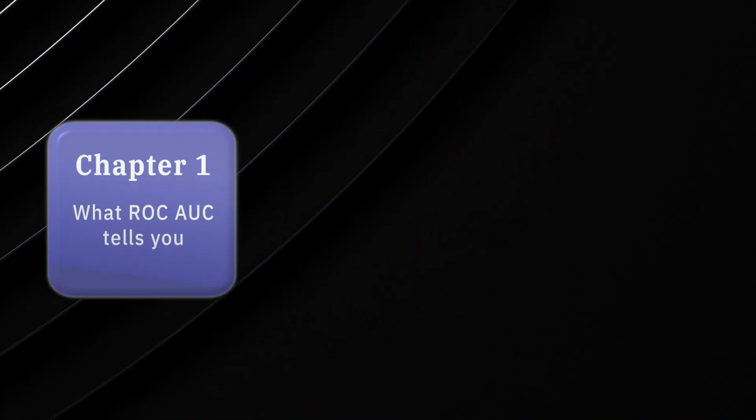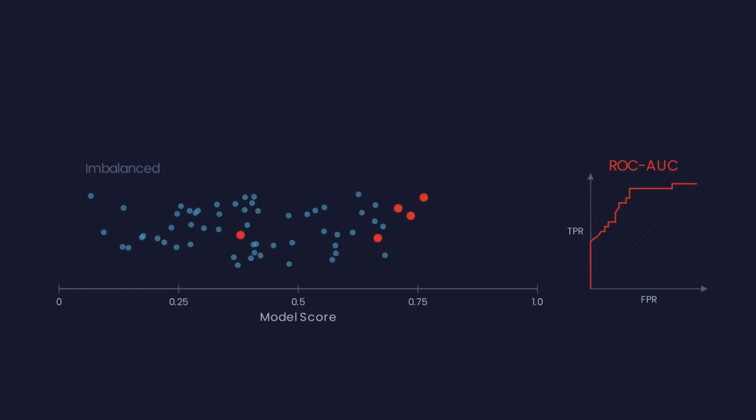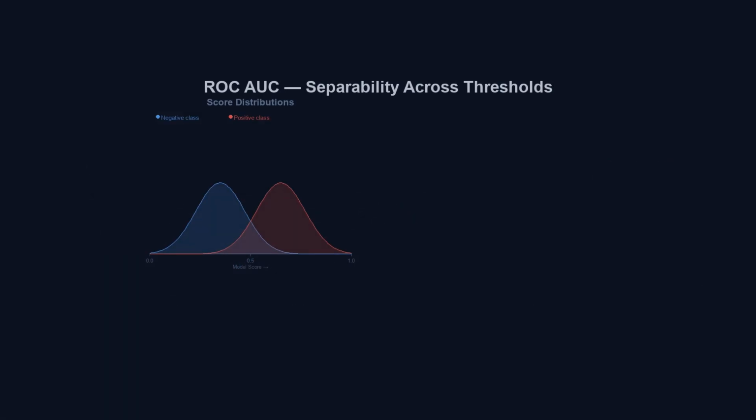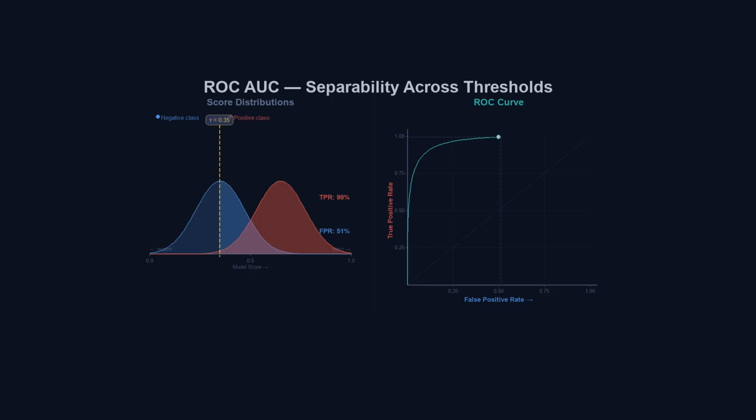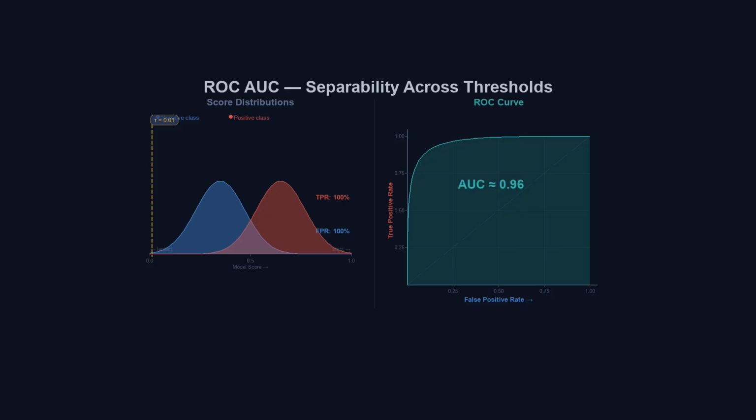So let's start with ROC-AUC, what it measures well, and why it can still be incomplete in imbalanced settings. ROC-AUC measures how well the model separates positives from negatives across all possible classification thresholds. The ROC curve plots the true positive rate on the y-axis and the false positive rate on the x-axis. So ROC-AUC answers a ranking-style question.